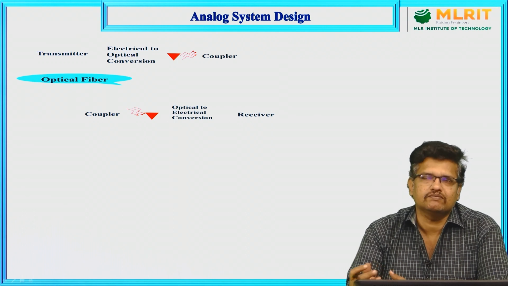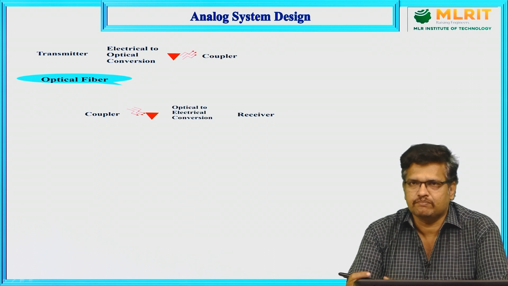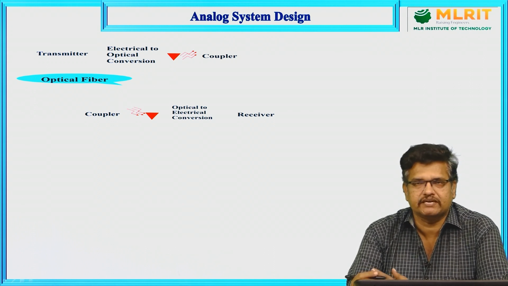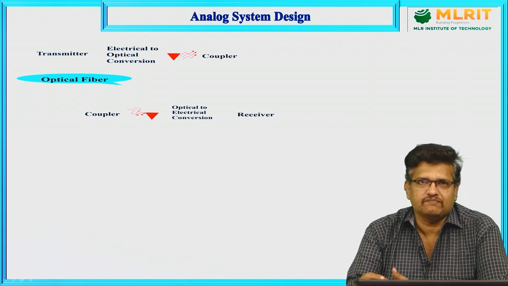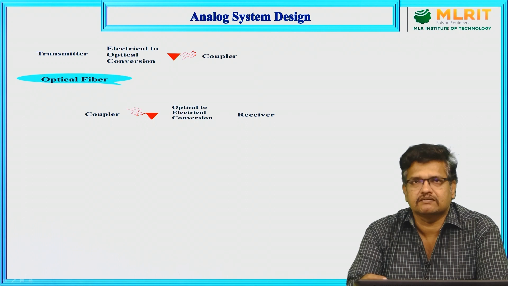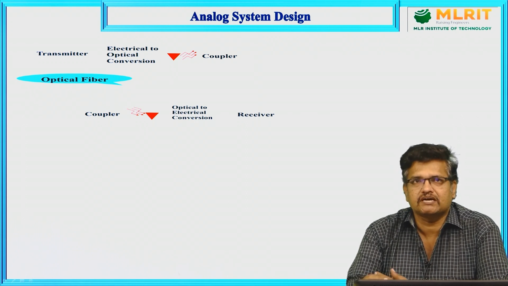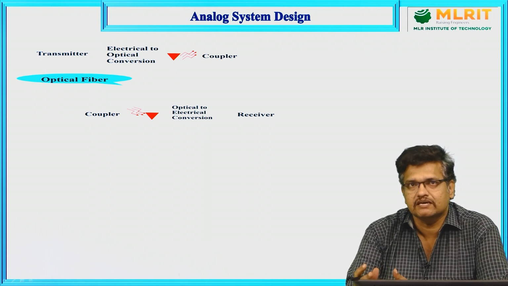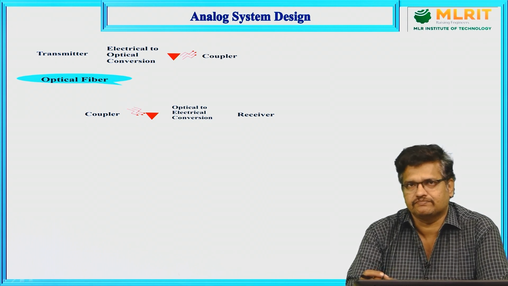So, why do we go for this conversion? Why do we go for optical fiber? That is very important here, because once we convert the electrical signal into a light signal, we know that the speed of light is 3 into 10 power 8 meters per second. The speed of light is very fast. That's why we convert the normal electrical signal into a light signal, and this light signal can be fed into the optical fiber and transmitted.